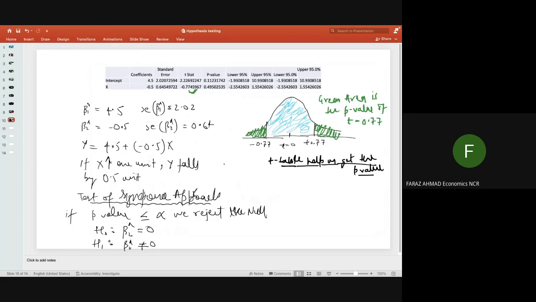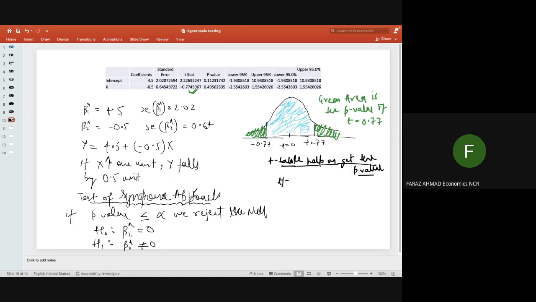So if we look at the t table, we are able to get what is the p value, and for that we need to know only two things. What is the sample size? In other words, if you know the sample size, you know degrees of freedom.